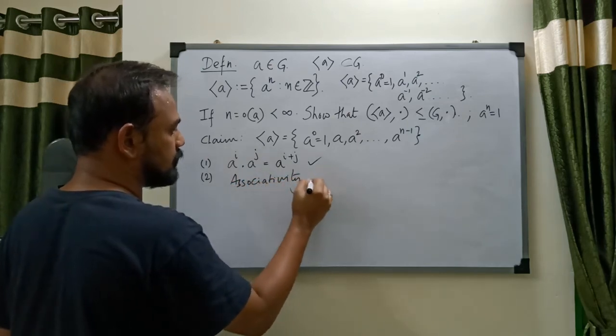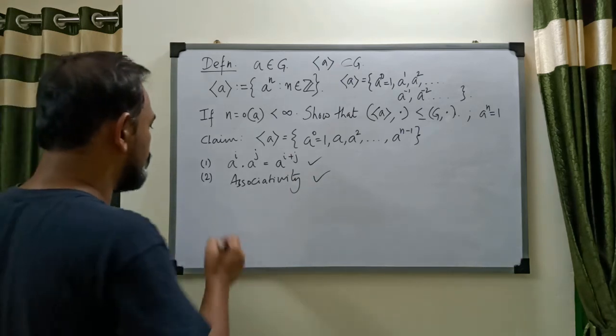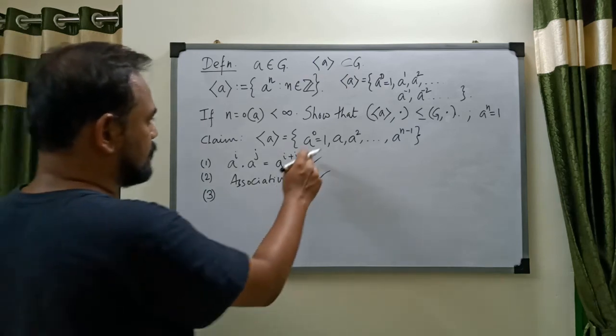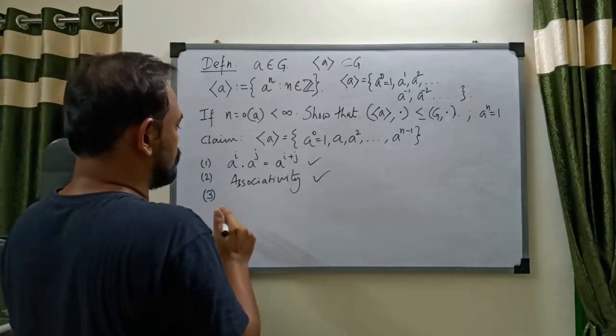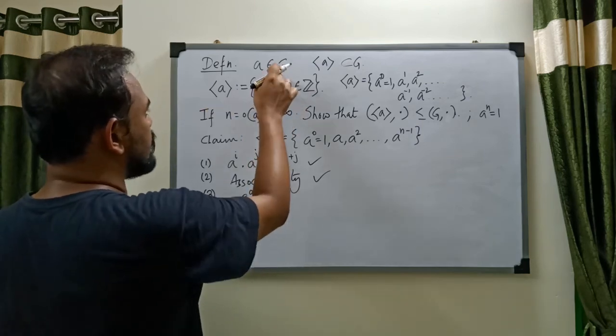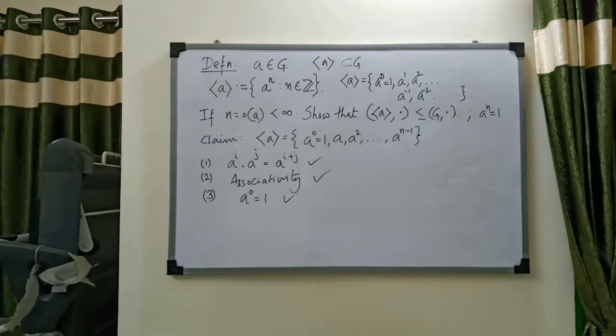We really don't have a problem with associativity because we're dealing with restrictions. What about identity? Well, a to the power 0 is there by definition, and that is 1, so the identity is in there.